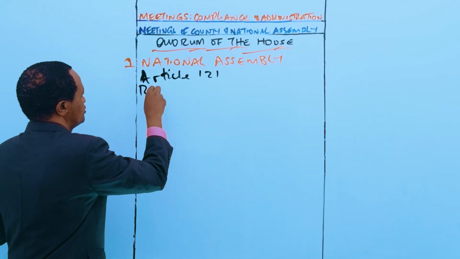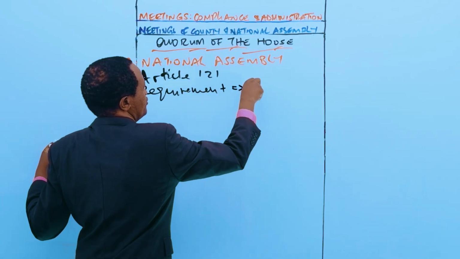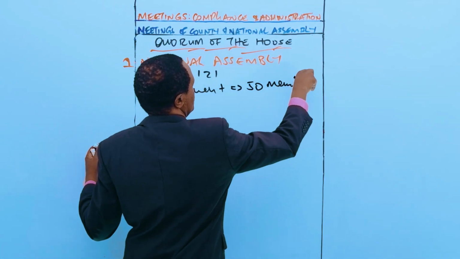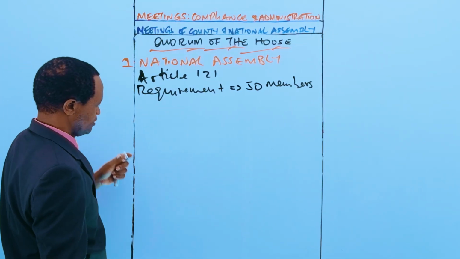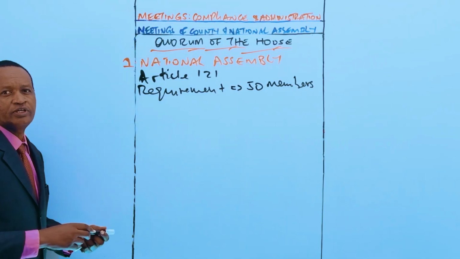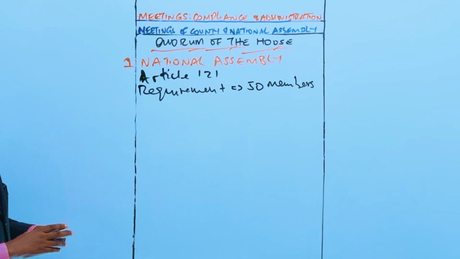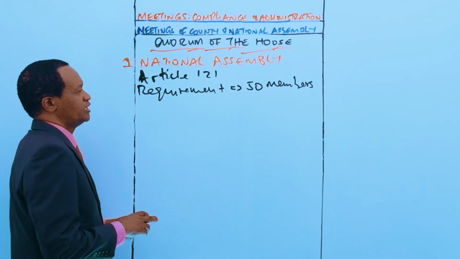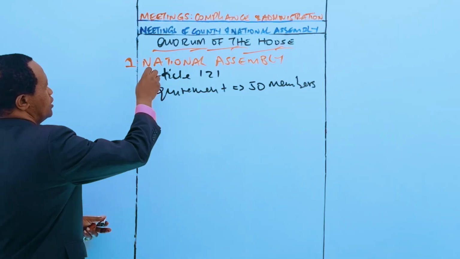The quorum requirement is 50 members. For the National Assembly to conduct business, for it to conduct legally valid proceedings, there has to be a quorum of 50 members in the House.